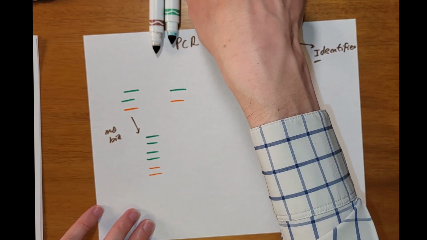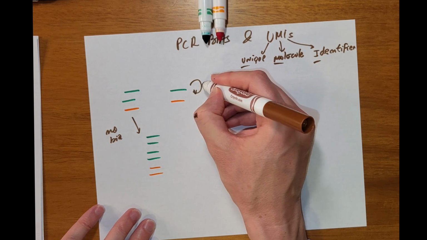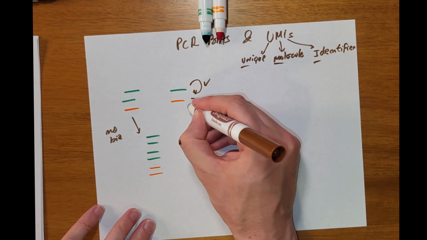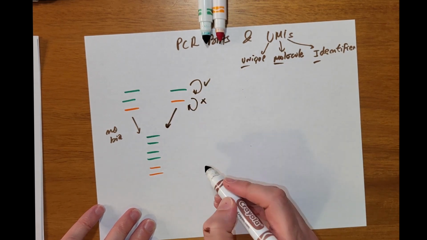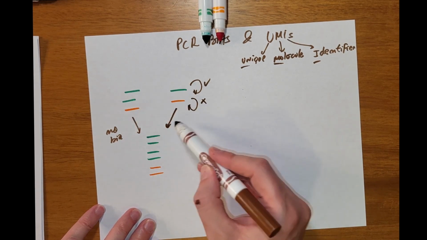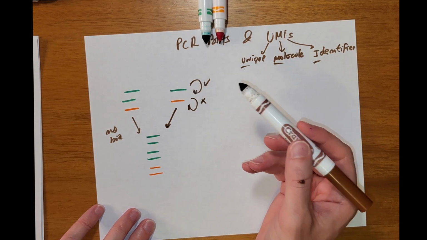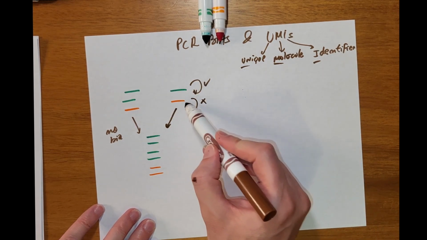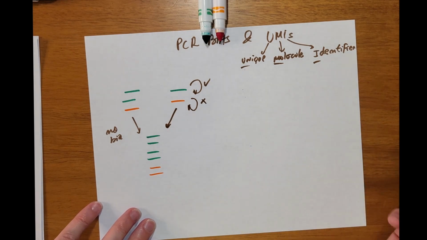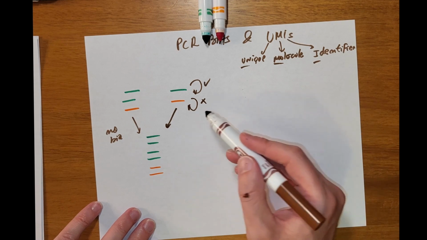However, if these reads amplify differently, so this amplifies better than this one, we can end up in the same situation. And this is not reflecting the original composition, but is reflecting the efficiency of amplification of these reads. For example, this read can have, I don't know, secondary structure or CG-rich composition, and that skews its amplification.